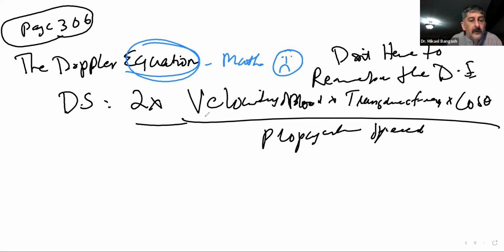That was your Doppler equation, right? Here, I covered it up in my book. This was the Doppler equation, right? Right, girls? Yes. Okay.